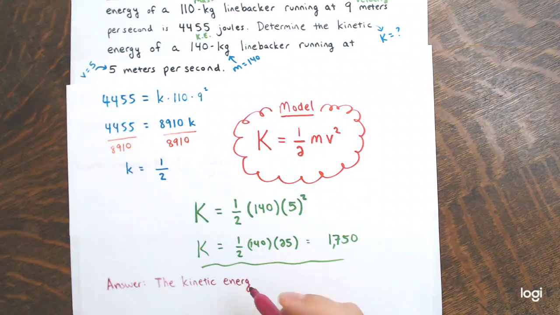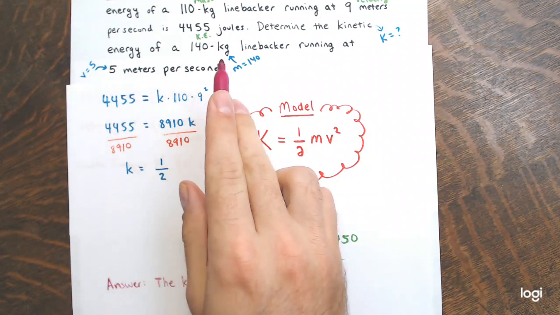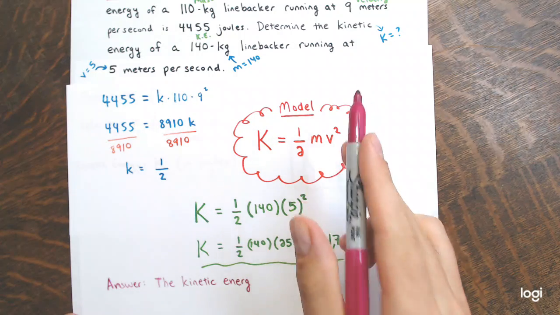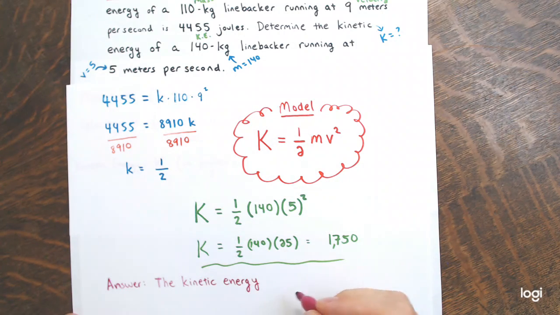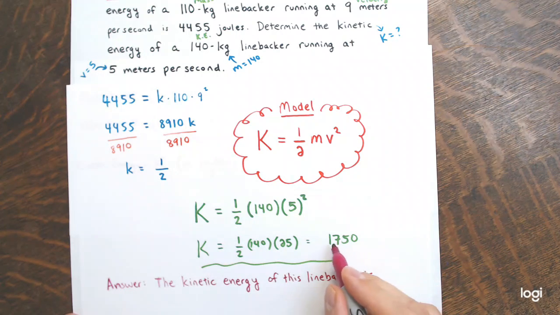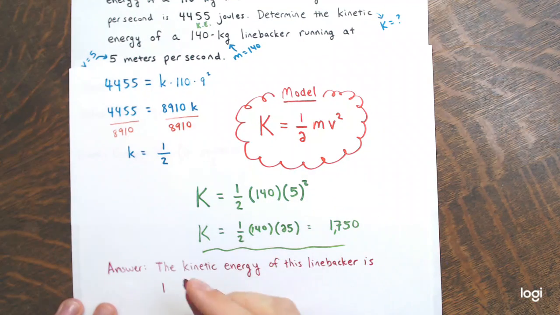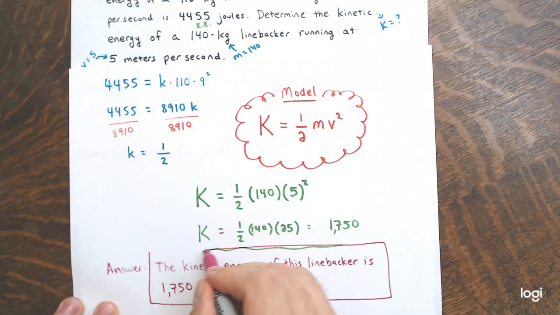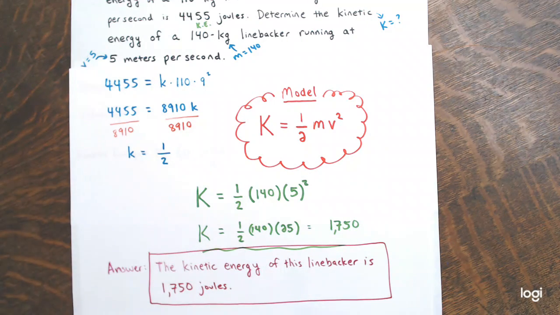The kinetic energy of a 140 kilogram linebacker running at 5 meters per second is, but I'm just going to save on a little writing here. The kinetic energy of this linebacker is 1,750 joules. And you can write the word joules out, or just put the capital J for the abbreviation for joules. And there you go. That's how I would answer it if I was given this in an exercise set or as part of a test.